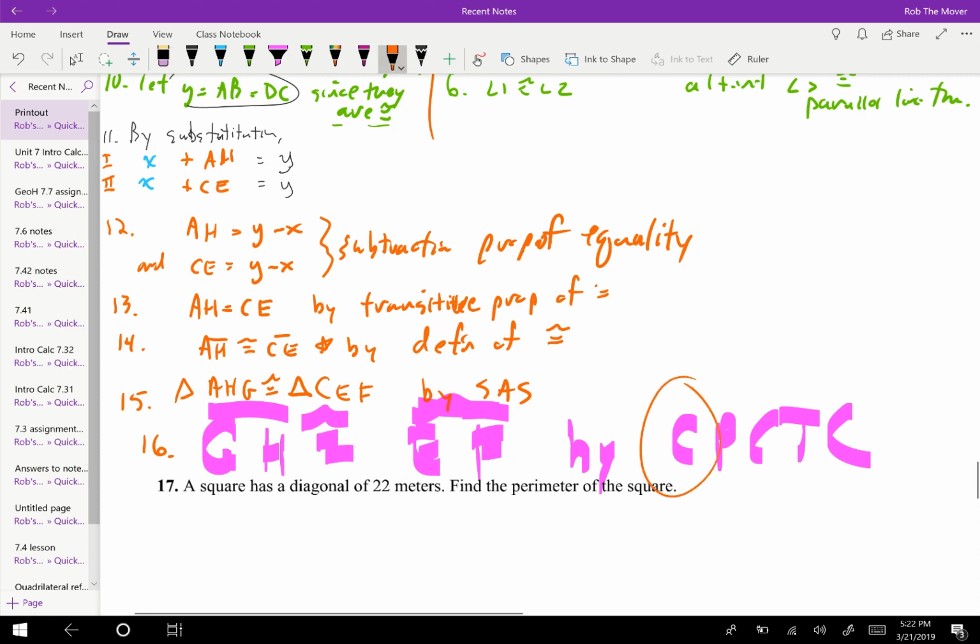Corresponding parts of congruent triangles are congruent. Corresponding parts. That means parts that match up. Those parts match up. GH matches up with EF the way we wrote it.